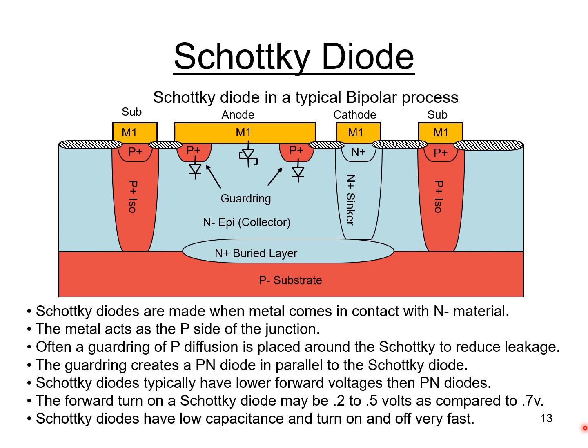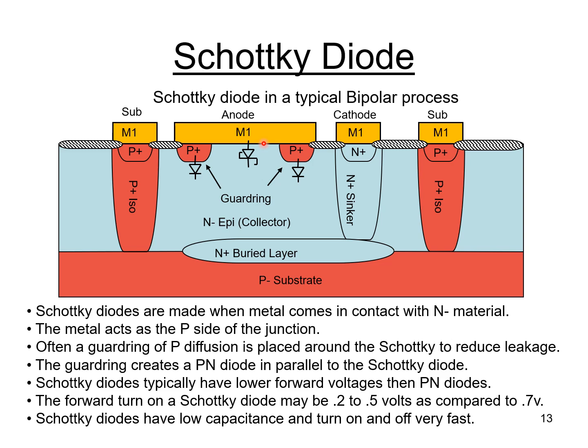The drawing here shows a Schottky diode in a typical bipolar process. Schottky diodes are made when metal comes in contact with N- or low-doped N material. That's what we're showing in the middle of the drawing near the top here, where we have a metal 1, which could be platinum or titanium, coming in contact with an N- epi or collector region of a bipolar.